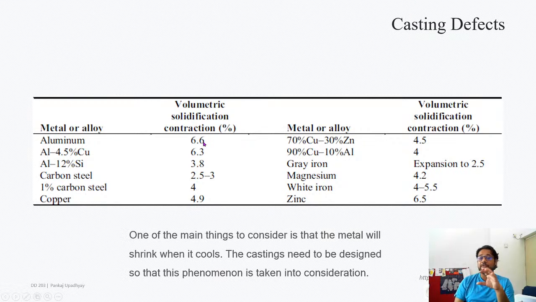So when you are making the patterns for casting, you have to consider this. You have to design the pattern slightly larger, around 6.6% larger in volume than what you expect to get. Similarly, carbon steel is around 2 to 3% volumetric reduction, and so on.